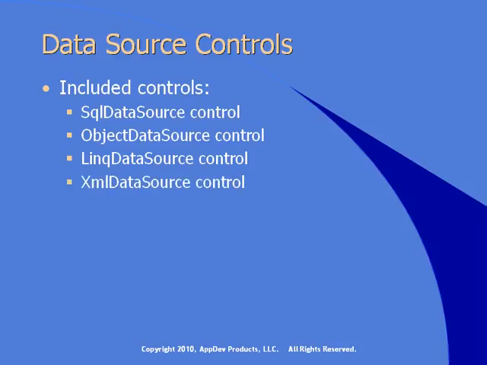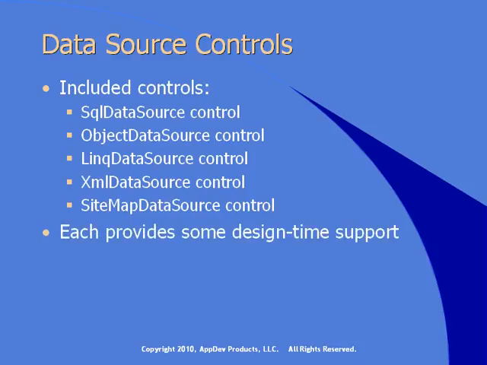The XML data source allows you to read XML data and bind controls to it. And the sitemap data source, which is really outside the scope of this section, talks about setting up a data source that maps the view of your site and its layout onto user interface on the page. Each one of these provides some design time support. Some controls provide more design time support than others.